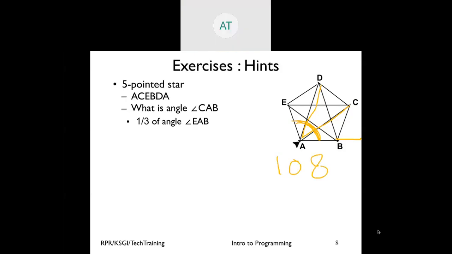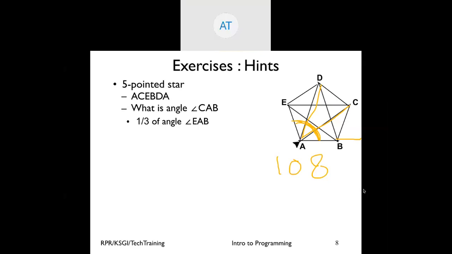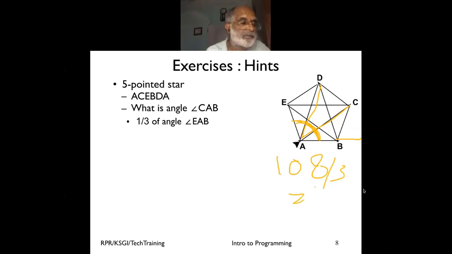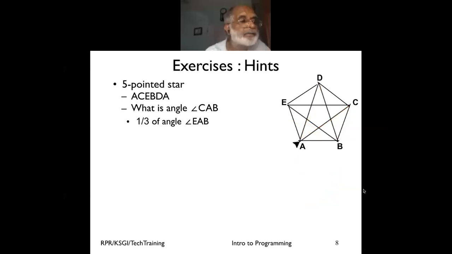So 108 divided by 3 would give me that angle, which is 36. So I can look at it either way. That means I should draw AC at an angle of 36.